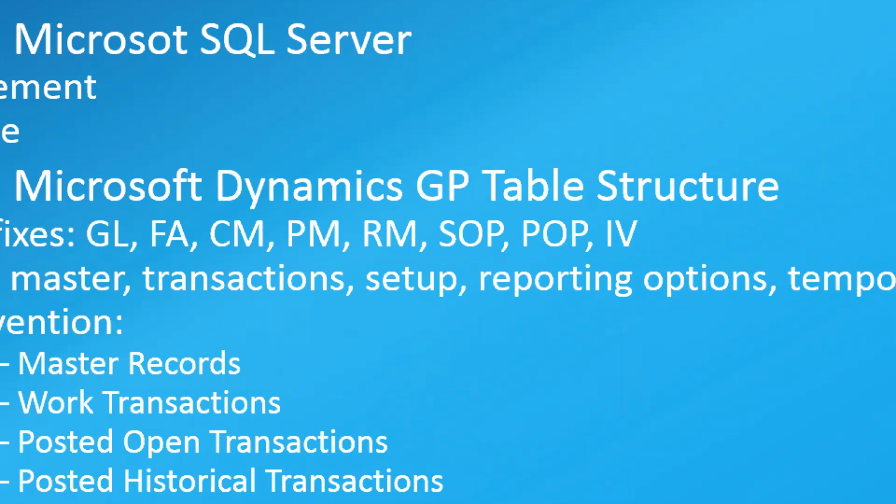So having serial numbers from 100 to 999 means that that table is going to store master records. Having 10,000 tables means that I have transactional records that belong to a working or work status.